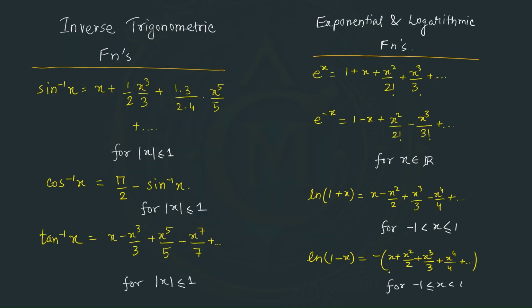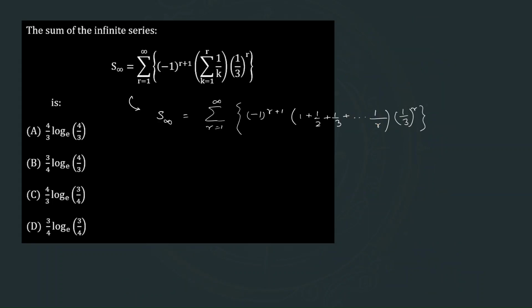So basically, we can see a connection, a similar pattern of this log(1 - x) expansion with these harmonic numbers. So somehow we have to manipulate the given expression to express this in terms of the log(1 - x) expansion. And then we can substitute the value minus 1/3 here, because if we take this minus 1 common out of this summation, then we will be left with (-1)^r times (1/3)^r.